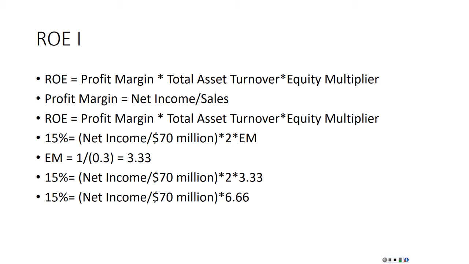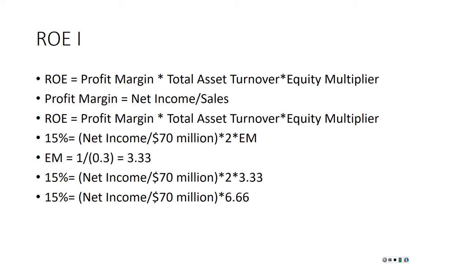So we use the equation equating the return on equity to the profit margin times total asset turnover times equity multiplier. And we can say that 15% is equal to net income divided by 70 million times 2 times the equity multiplier. The equity multiplier is equal to 1 over 0.3, which is 3.33.